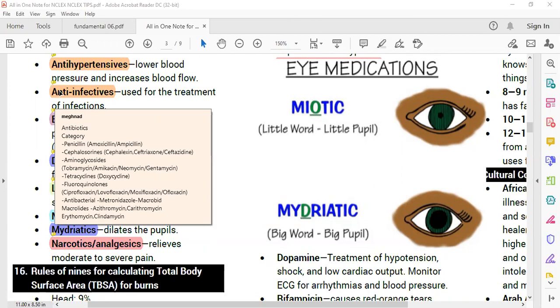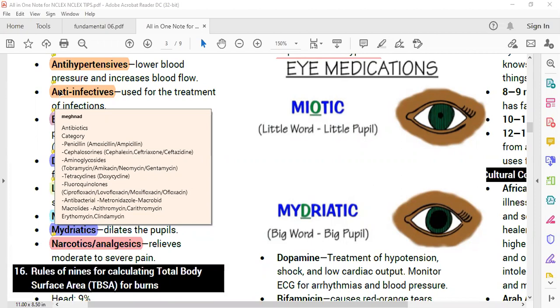Second group here, cephalosporin. Examples are cephalexin, ceftriaxone, cefazolin, or ceftazidime. Another group is aminoglycosides, like tobramycin, amikacin, neomycin, or gentamicin.